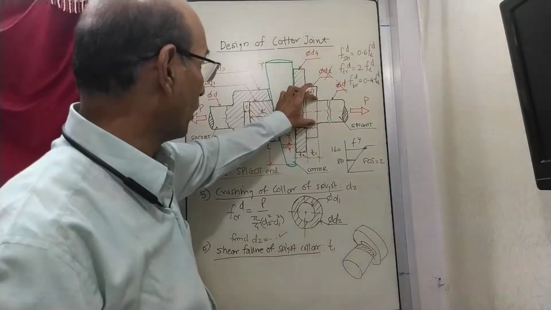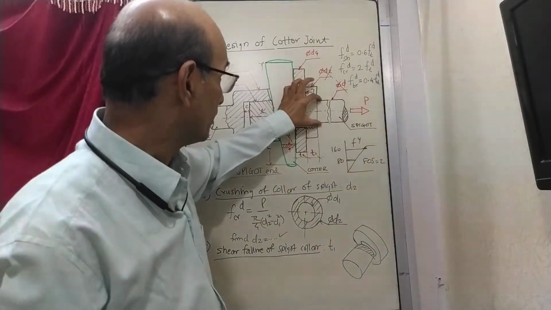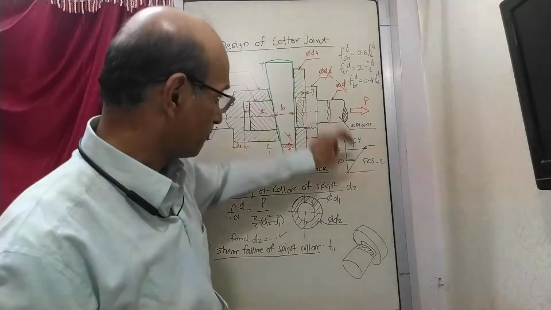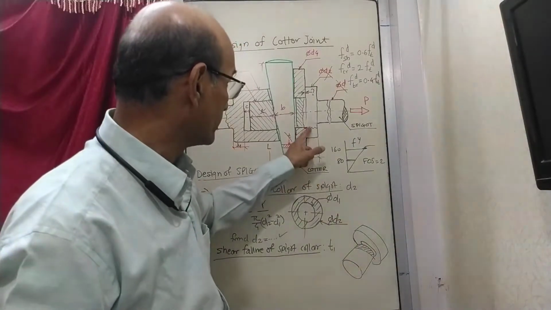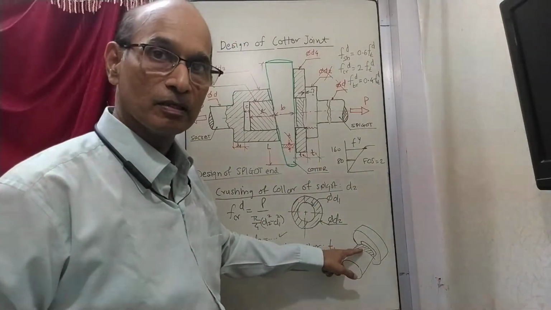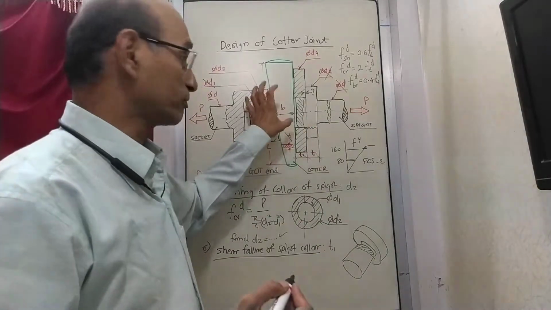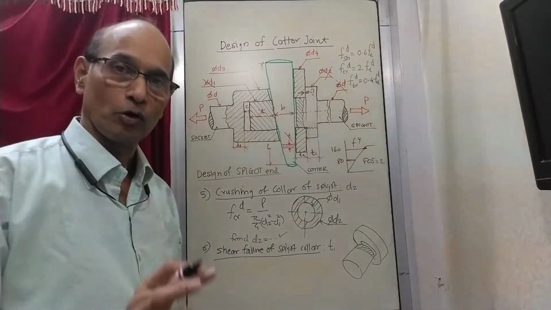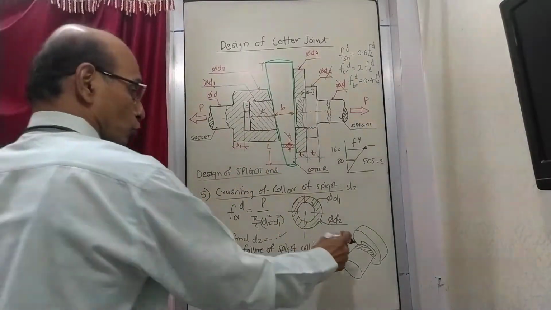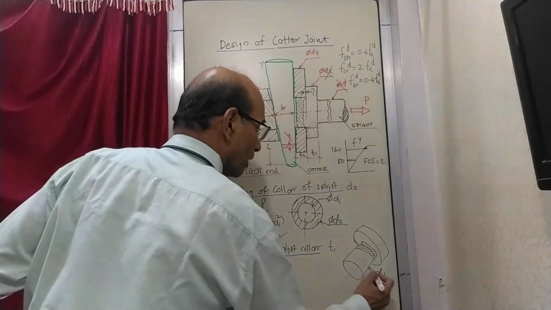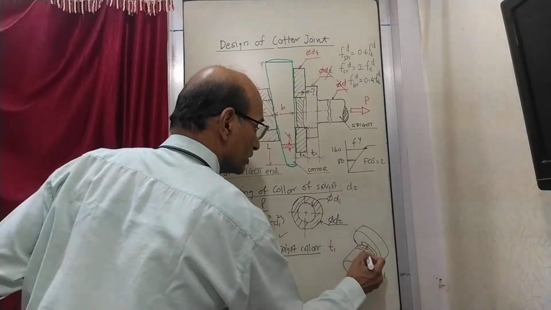See, this has come out, this collar is free, it is broken from here, and this is the newly created surface after the failure has taken place, which we don't want to happen. So the size here is d1 and the thickness here is t1.